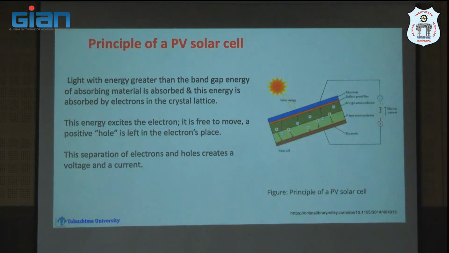When the electron moves from the valence band to the conduction band, the space is empty, a hole is created, and the electron moves. This separation of electron and hole creates voltage and current. And this process happens quickly. So this way current is generated with the help of light only.